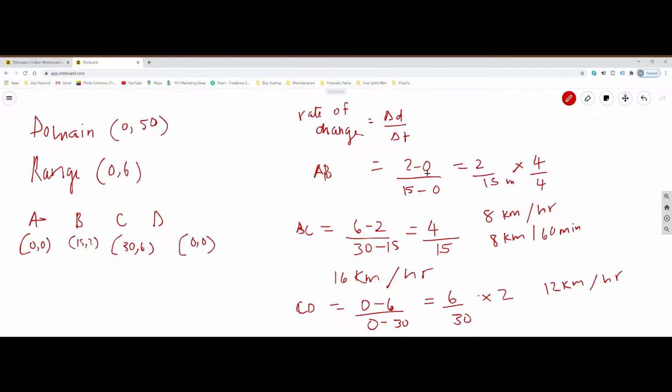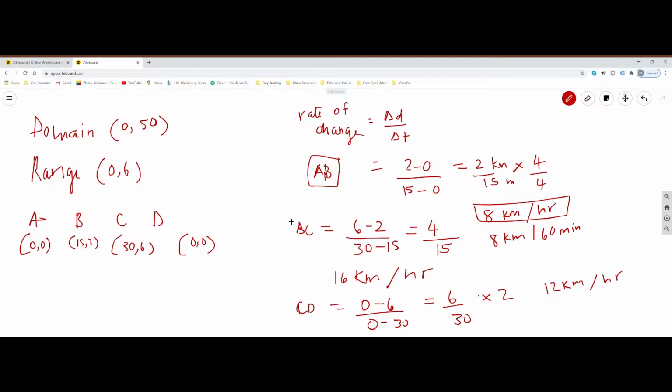So 2 minus 0 and then 15 minus 0. So you get 2 kilometers per 15 minutes. In order to find it in an hour, you multiply both the top and the bottom by 4. So you get 8 kilometers per hour between A and B.